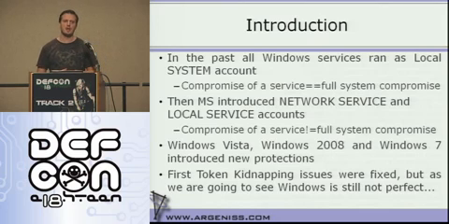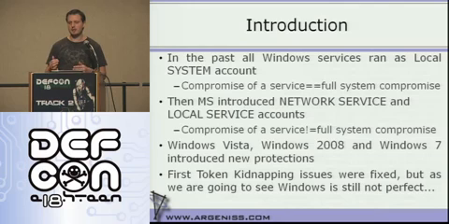These accounts have restricted privileges, fewer than the local system account. So in theory, they started to run some system services under these accounts, so that when one of these services was exploited, that didn't mean that all the system was going to be compromised.